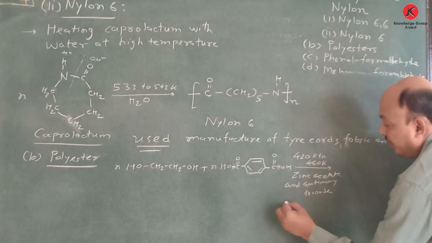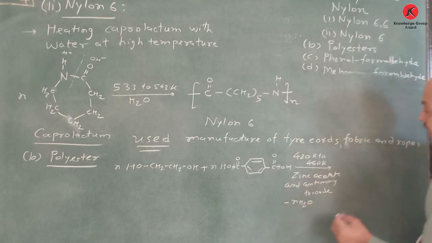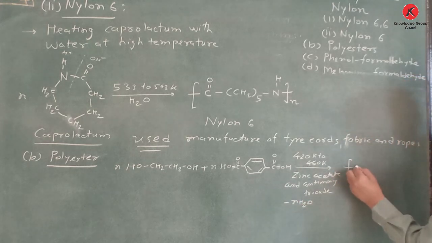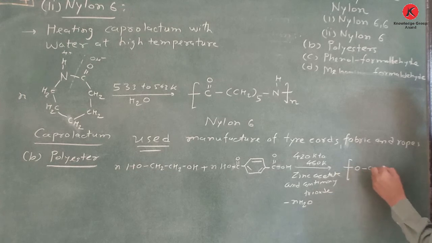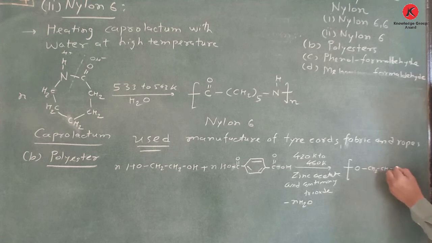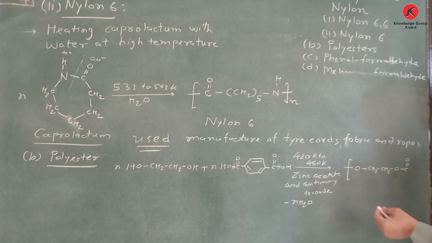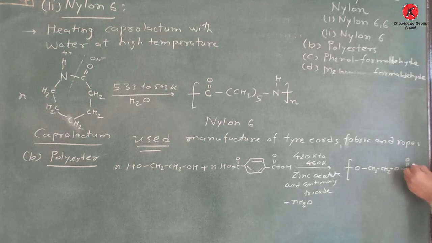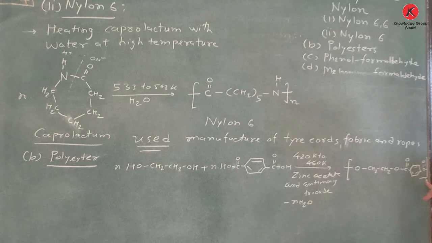So a number of molecules of water are removed and the product is obtained as O, CH2, CH2, then O, then C double bond O, then the phenyl ring, and then C double bond O. Here the number of molecules is nothing but the degree of polymerization.